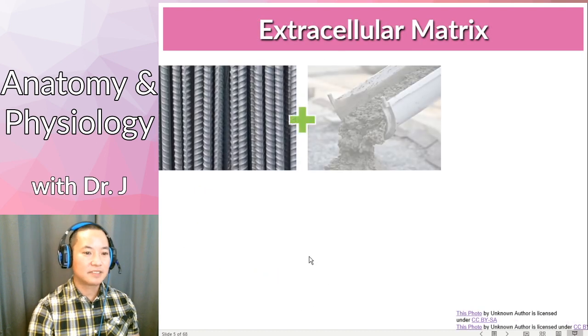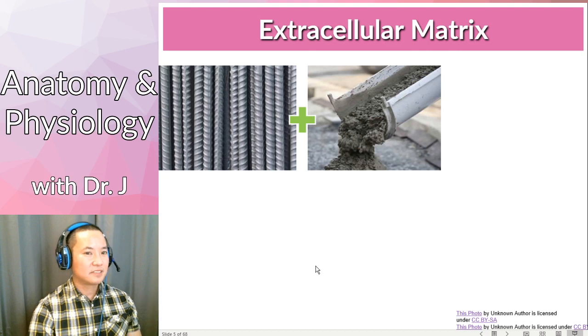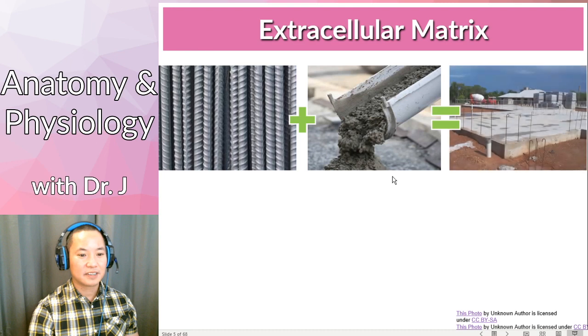Now to review, what's the extracellular matrix? I like to say it's like setting the foundation of a building. You need solid things like rebar, but in a concrete building you also have that cement as well, right? To get a solid building foundation, you have solid parts and also something to hold it together, solidify it, and glue it together.